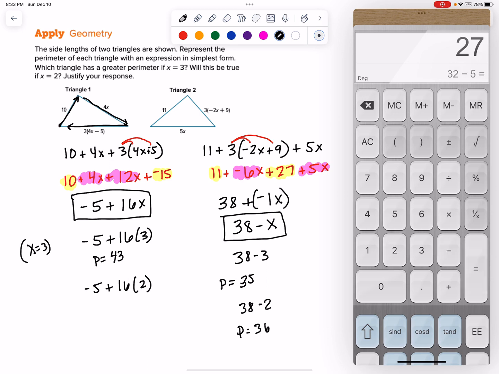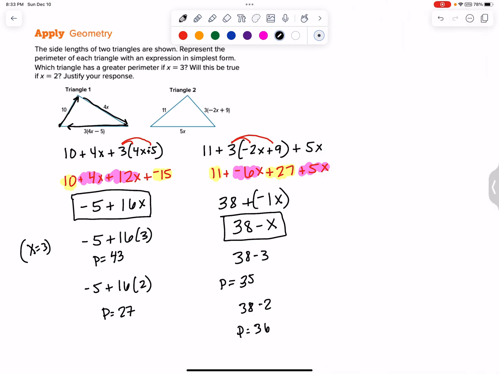We would get P equals 27. All right, so actually, look at that. That's not what we expected here. So which triangle has the greater perimeter? If x equals 3, triangle 1 has the bigger perimeter.